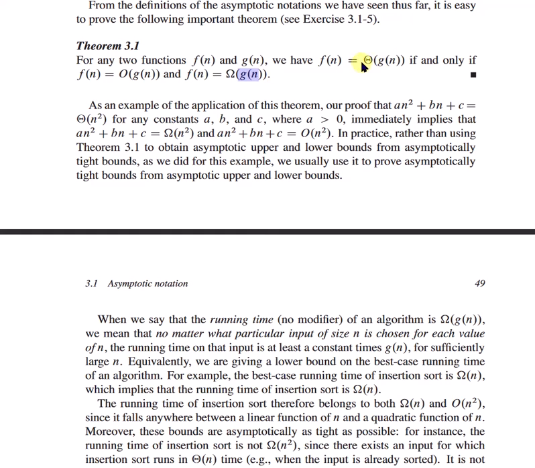Then it belongs to theta of g(n), but that n naught should be the same for both O and omega, and c1 and c2 depend on whether it is big O or big omega, and c greater than 0 is in both.